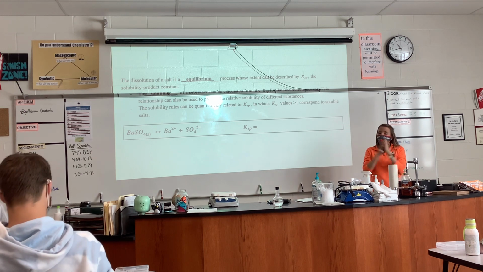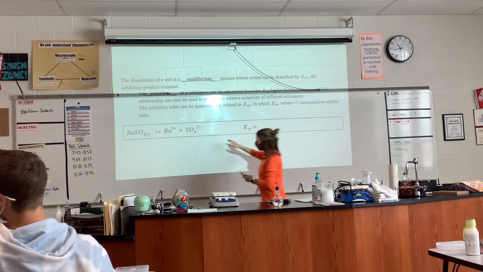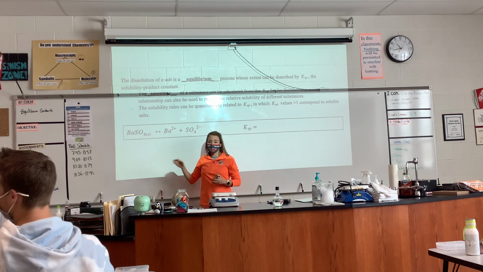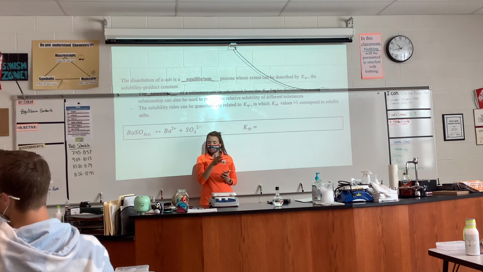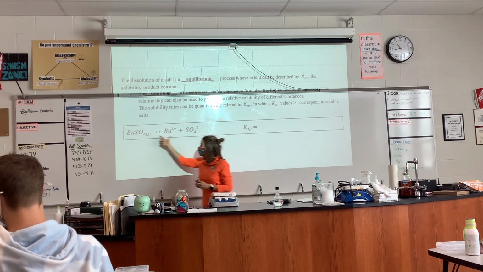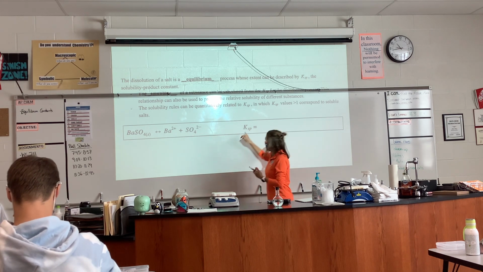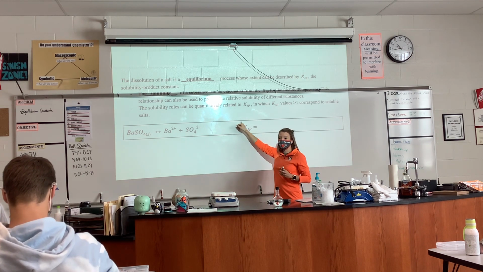Okay, so with an equilibrium expression for solubility, your equation will always have a very similar format. You have your solid as your reactant, breaking apart into the ions in solution. Now we're going to write an equilibrium expression just like we did before.